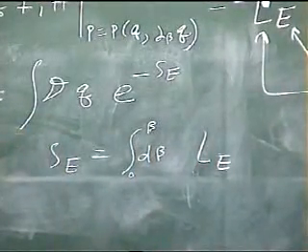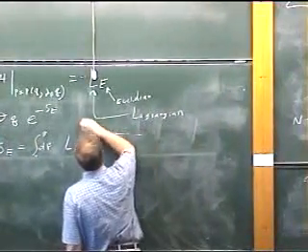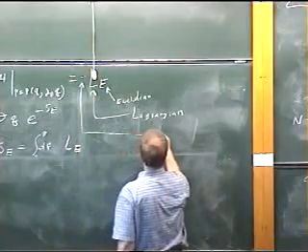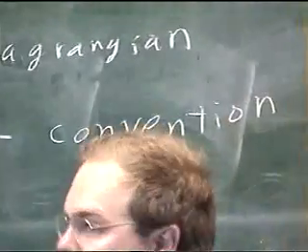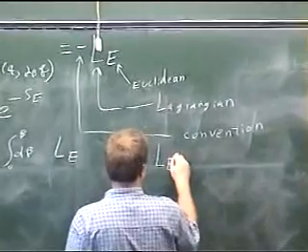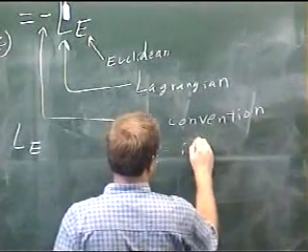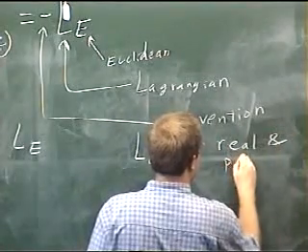Okay. And I will mention that this sign is, in a certain sense, a convention. We simply introduce it as a definition. But it has the wonderful property that if you check this for your favorite systems, the Euclidean Lagrangian is both real and positive.